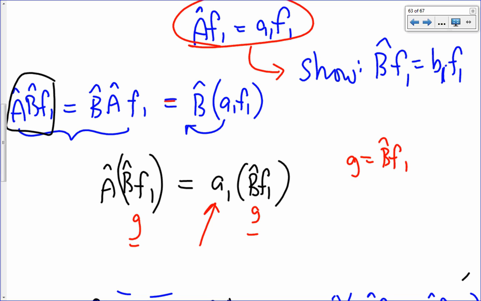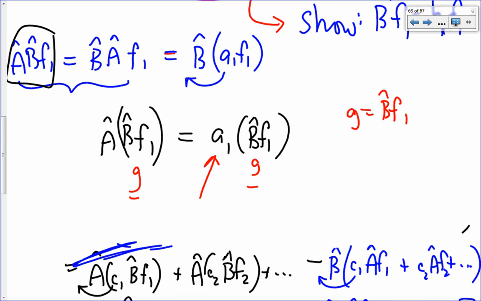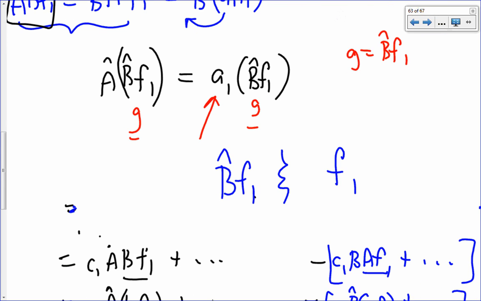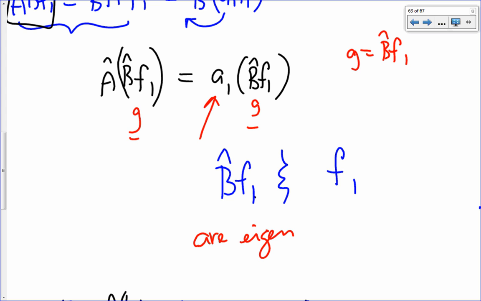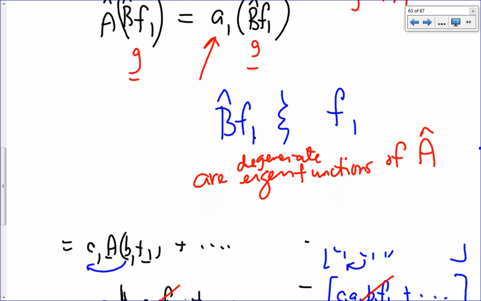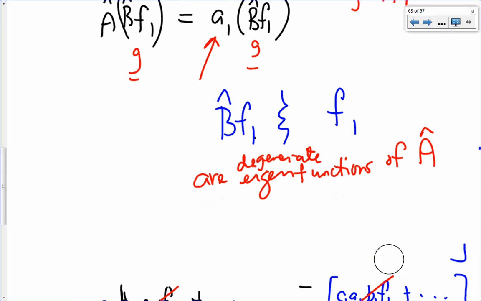So in other words, what we're saying is that B hat F1 and F1 are eigenfunctions of A. In fact, degenerate eigenfunctions of A, or they could be the same eigenfunction, right?